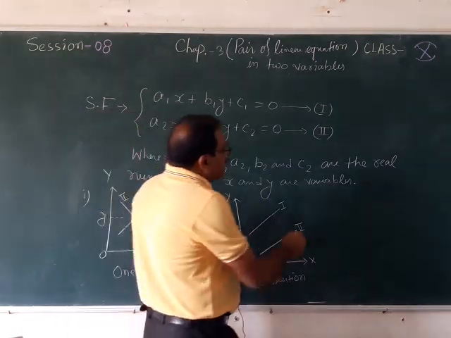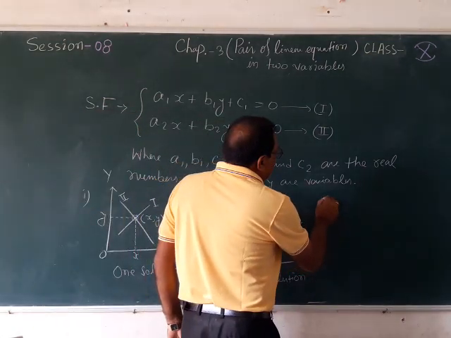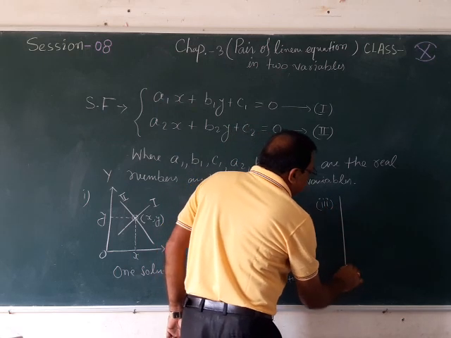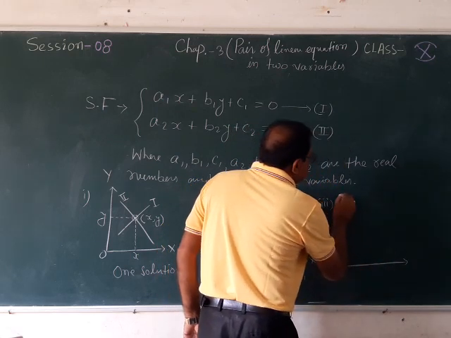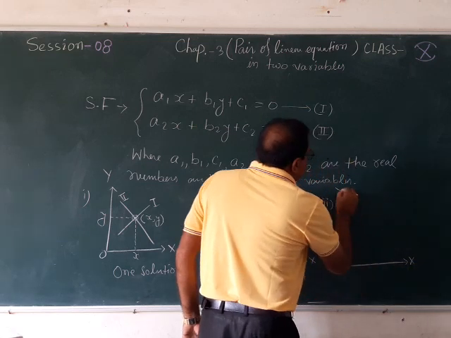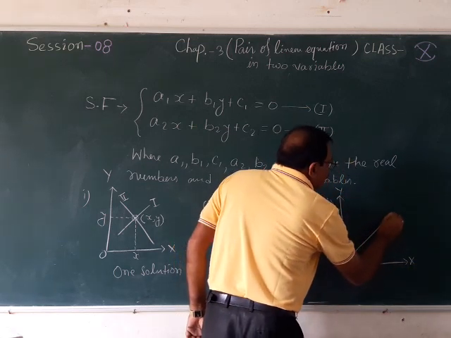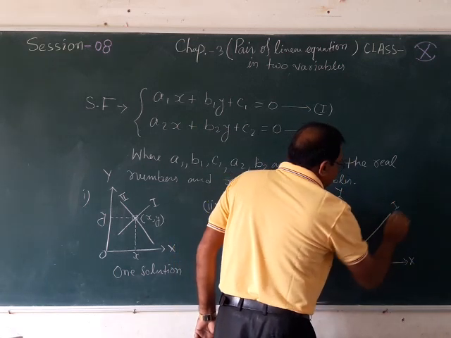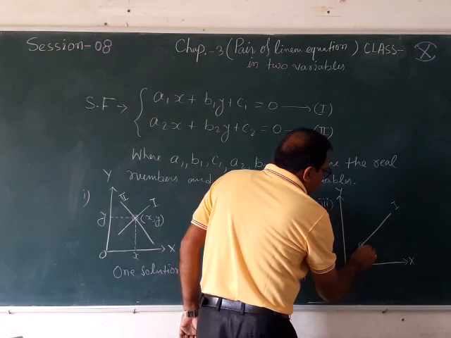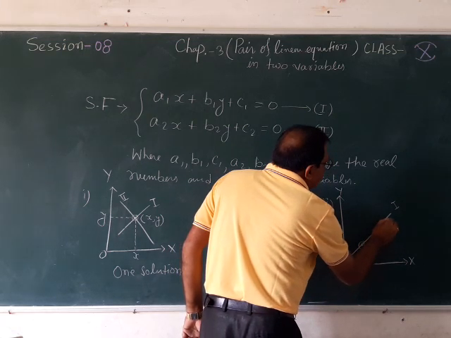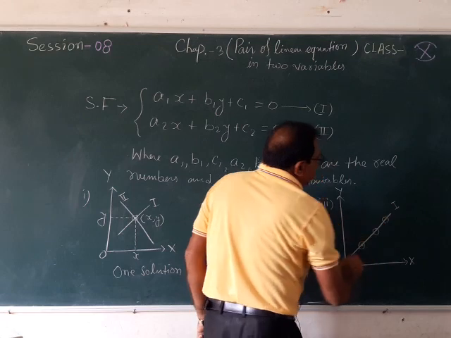And you may have the third situation, third condition, where you have drawn one graph. Suppose for equation number 1, you are having 3 solutions, and you have drawn the graph and you are getting 3 points over there.